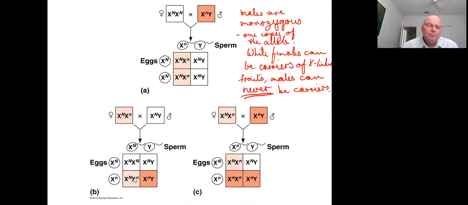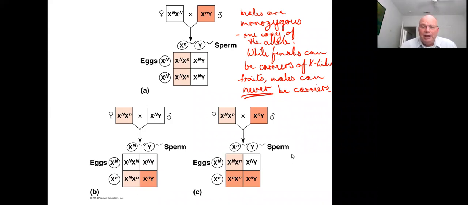So it's a 50-50 split as far as the females are concerned, 50% homozygous normal and 50% showing the normal trait but being carriers, heterozygous. For the males, it's also a 50-50 split, 50% normal and 50% with the trait. Notice no carriers, because the males can never be carriers in this situation.